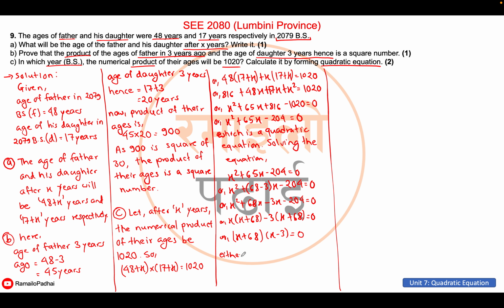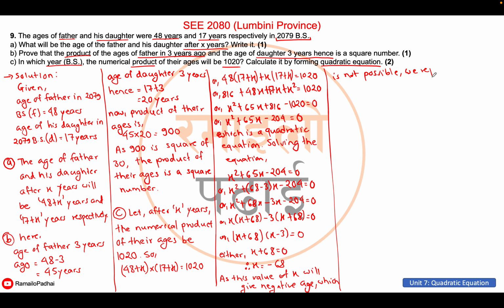Either x plus 68 is equals to 0, therefore x is equals to minus 68, and that will give 48 minus 68, that is minus 20, which is not possible because age cannot be negative, as this value of x will give negative age, which is not possible.